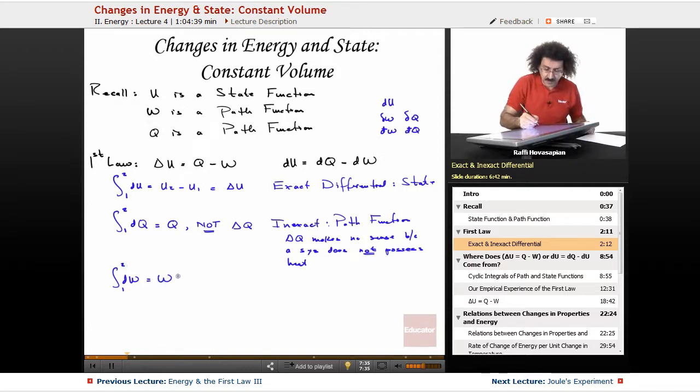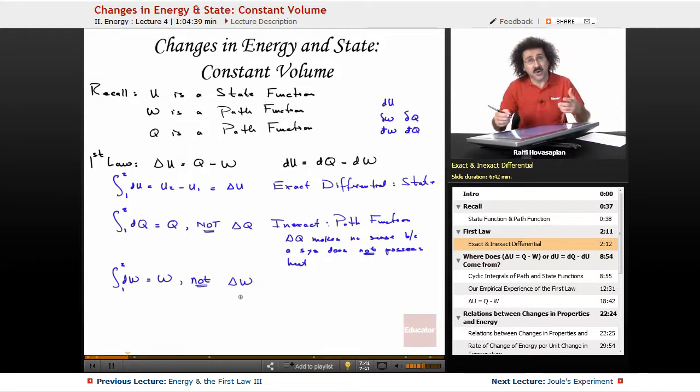It's equal to W. It is not equal to delta W because a system does not possess work. It does not make any sense. So again, work, inexact. Path function. So dq makes no sense. dw makes no sense for the same reason. A system does not possess work.